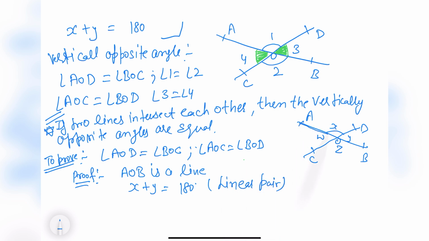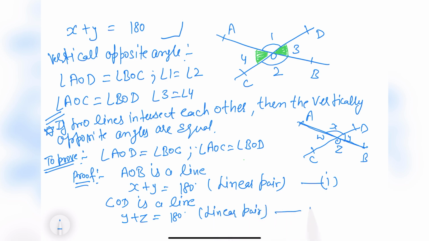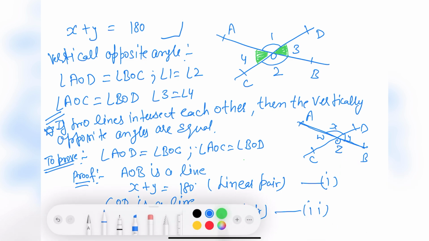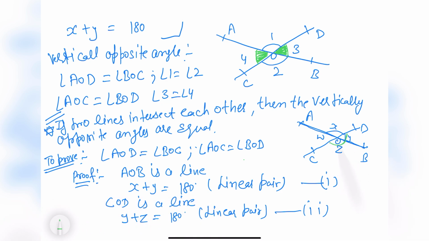Mark this as equation number 1. Now COD is a line. So we also take here Y plus Z is equal to 180 degree due to linear pair, and mark this as equation number 2. Now we took Y plus Z.